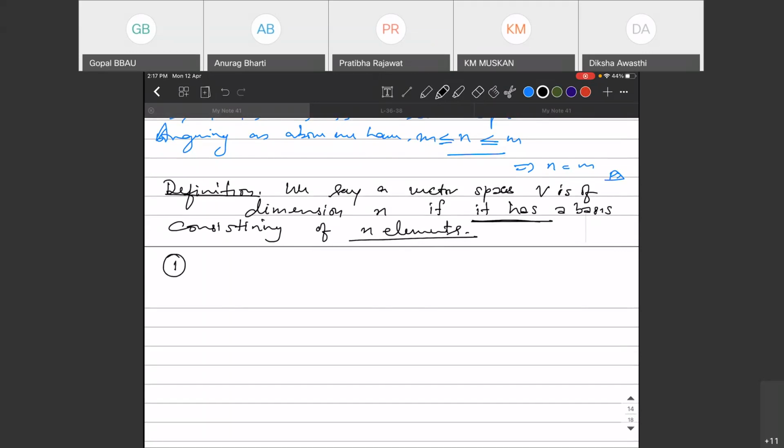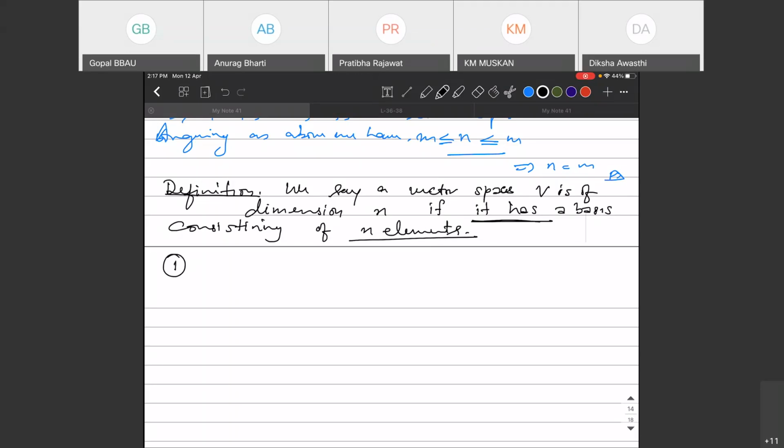Okay, so let's see some examples. Example number one. What is the first example that we come across of a vector space?